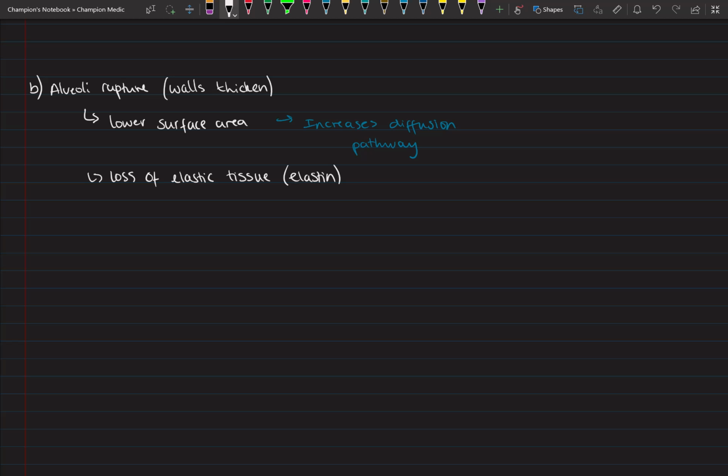Make sure you actually use the real word, which is elastin. The alveoli can't recoil. So this question is just about making direct links. It's harder for you to expel the air that's already in your lungs, and that reduces the diffusion gradient.